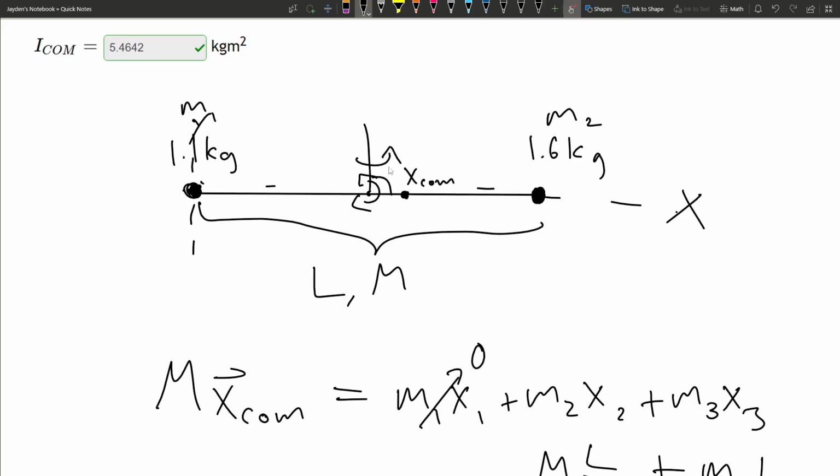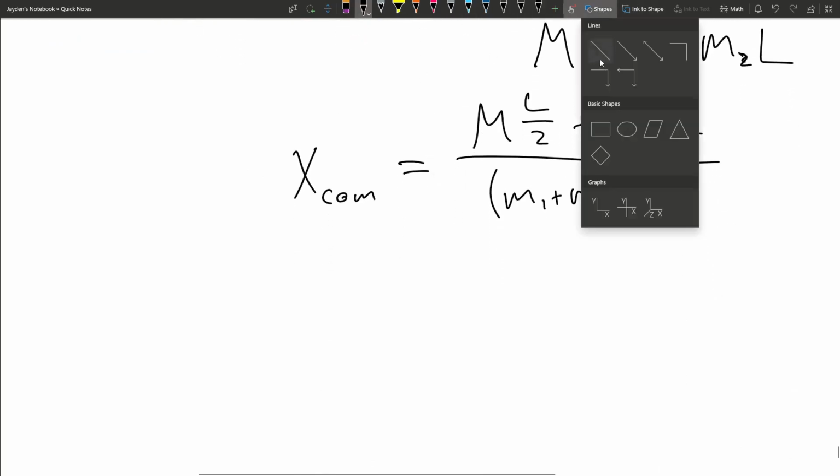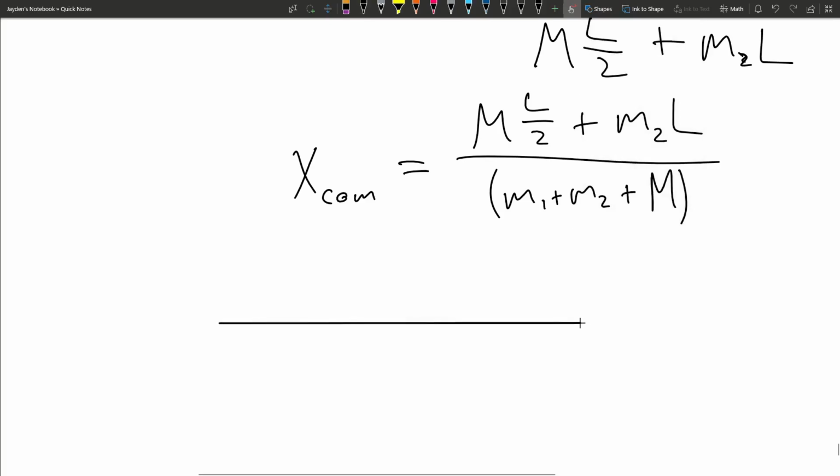We're trying to find the rotational inertia about that axis. So I'm going to redraw the diagram right down here, and let's say around here is the x center of mass.